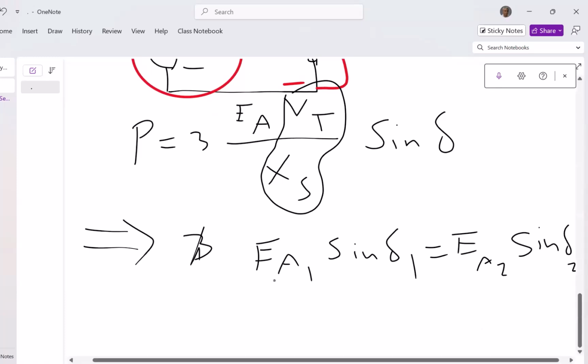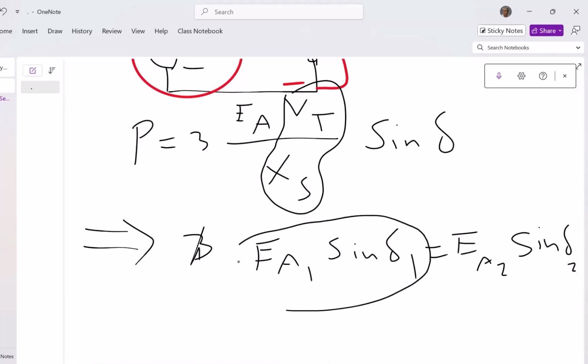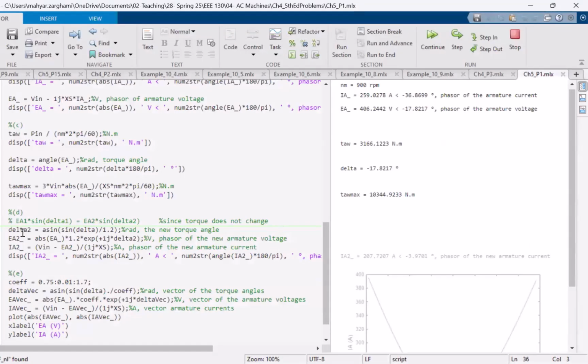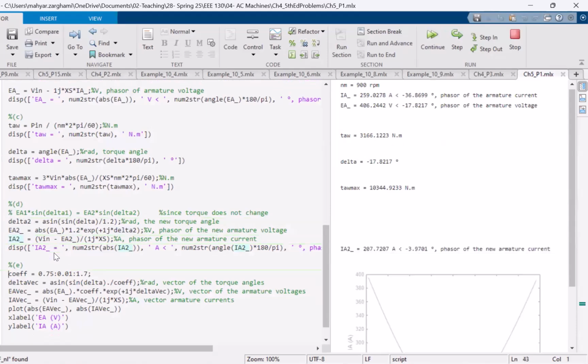So from here, you have the first condition, and you know you're going to increase your EA2. Therefore, you will find your new delta angle. Once you find the new delta angle, then you can find the new EA, and you can find the new IA. So this is going to be the new armature current.